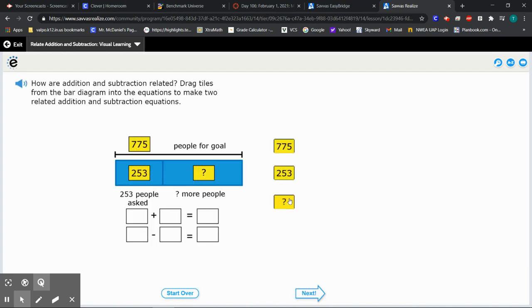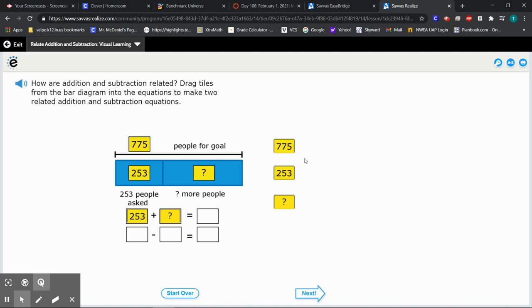Okay, let's try this out. Okay, we're going to drag the tiles from the bar diagram into the addition problem. Okay, so this is the whole number. So let's look at adding first. I know that one of the little numbers is 253. And I'm going to add it to something, this question mark here.